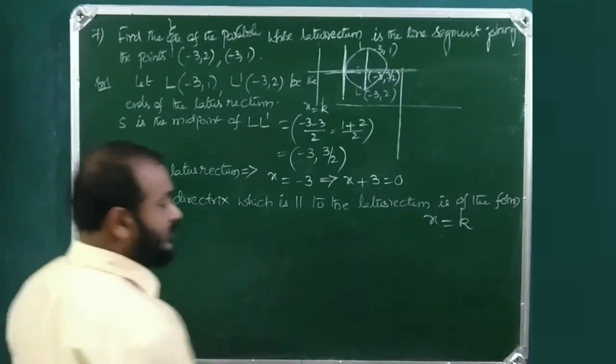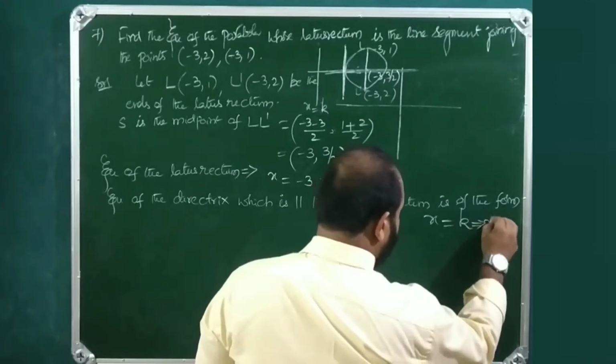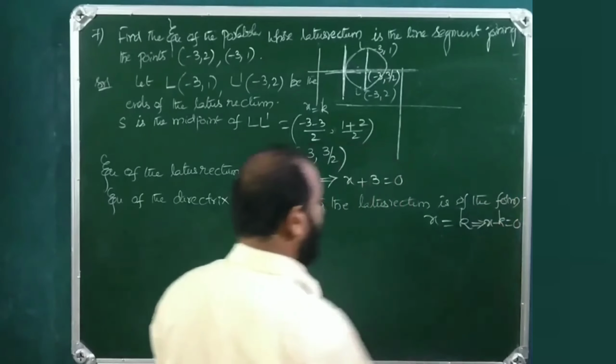The directrix is x equals k, so that means x minus k equals 0.